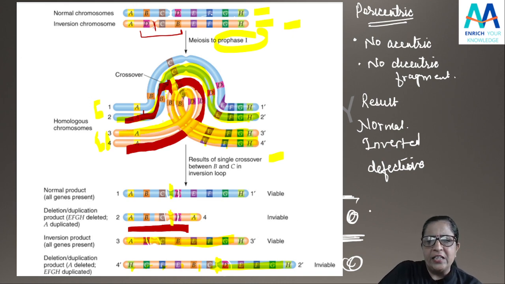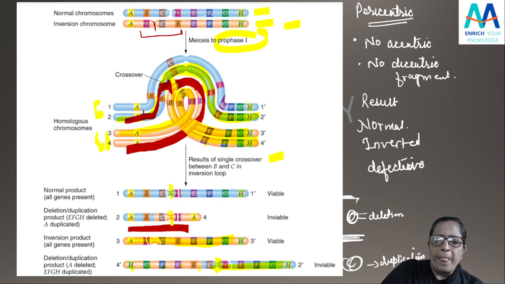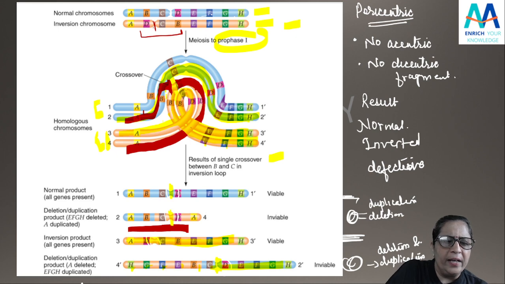Yes, as a deletion or the duplication. In this case, there is a deletion. इसमें deletion है. और यहाँ पर क्या है? यहाँ पर duplication है. Yes, और deletion भी है. We can say deletion and duplication. Here also duplication is also seen. देखो यहाँ पर A duplicated है. ये वाला A है.